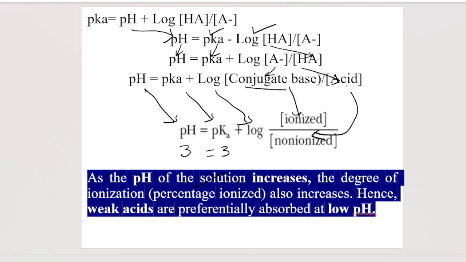So this is an important thing about the Henderson-Hasselbalch equation: if the pH of the solution increases, the ionization of the acidic drug is higher and it is not able to cross the membrane, because the ionized form of the drug is water soluble and cannot cross. If you decrease the pH of that solution and the drug is weakly acidic, the drug will not be in ionized form, a large percentage of drug will be in unionized form at low pH, and then it will easily cross the membrane because it is the unionized form of the drug that crosses the membrane.